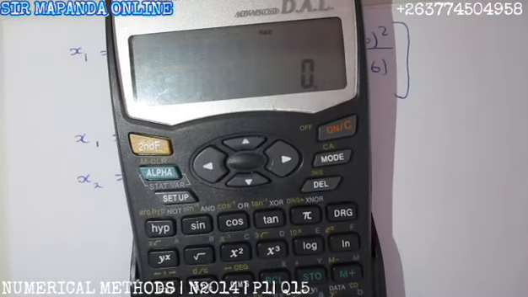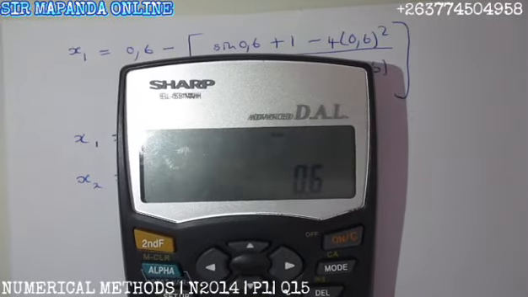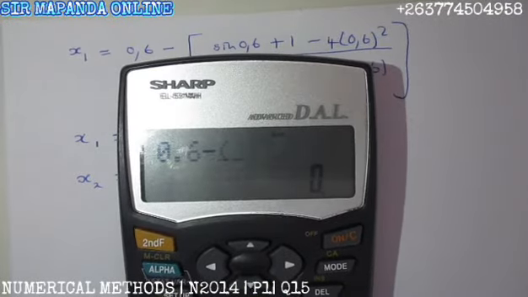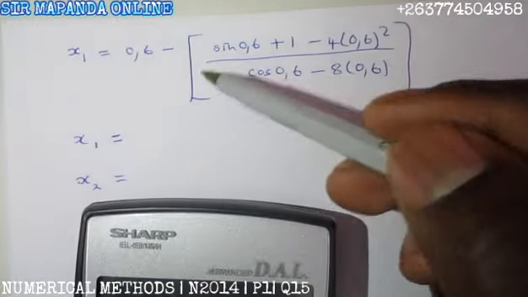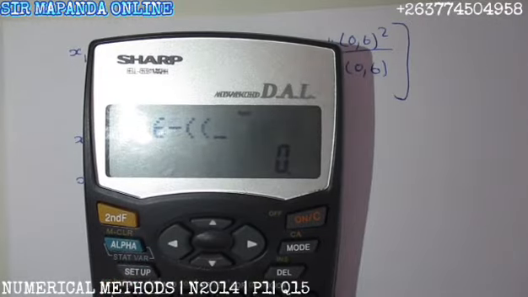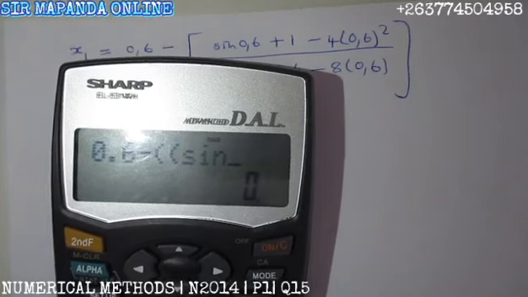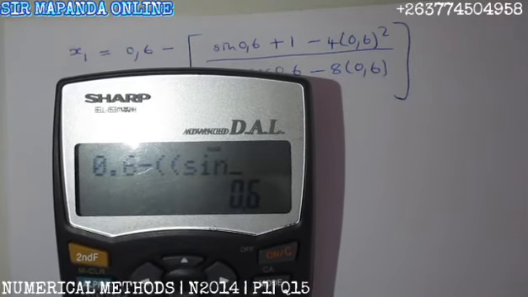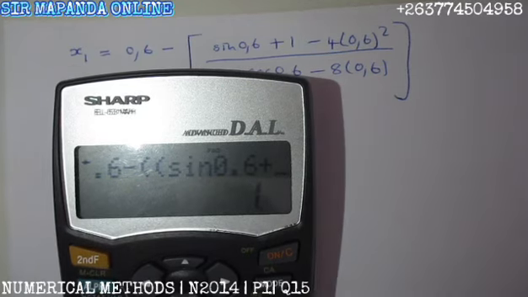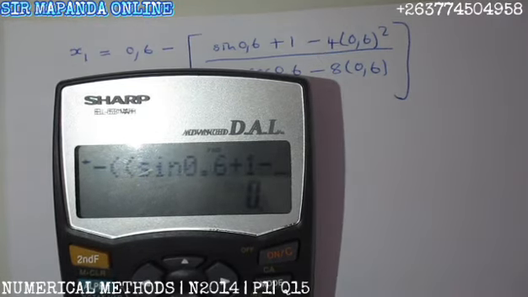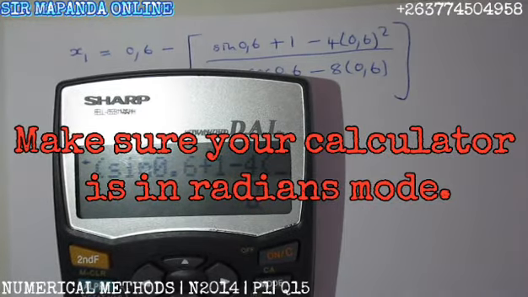So we have 0.6, minus, then you put open bracket. So this bracket, the first one, is representing this big bracket. Then I'm now placing another open bracket where I'm going to punch the numerator. So sine 0.6 plus 1 minus 4, open bracket, 0.6 squared.